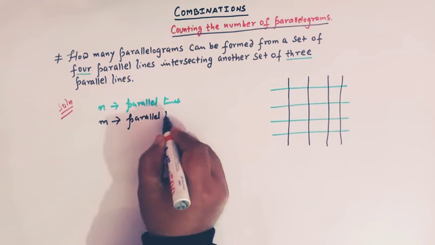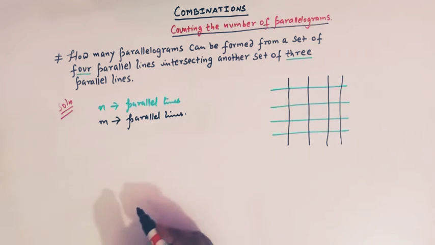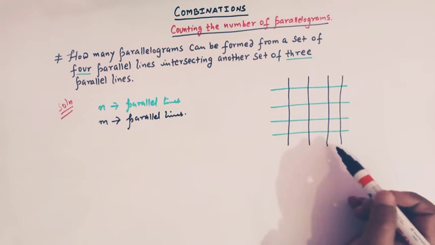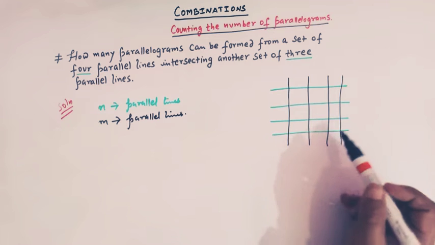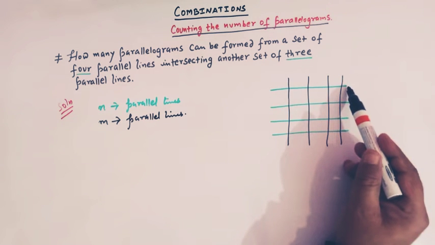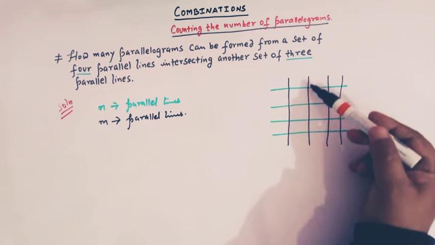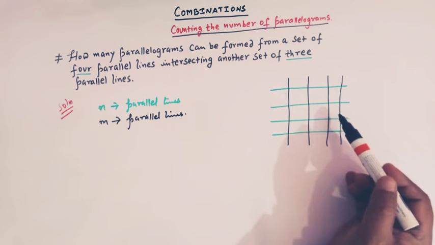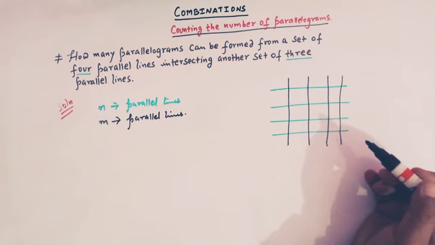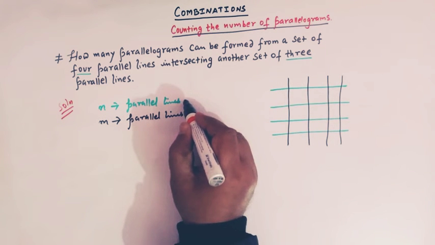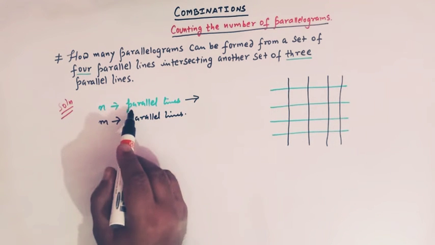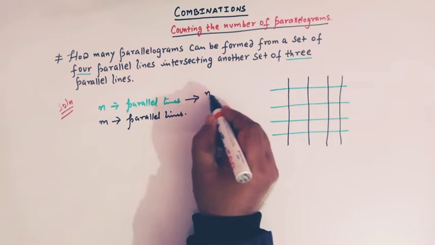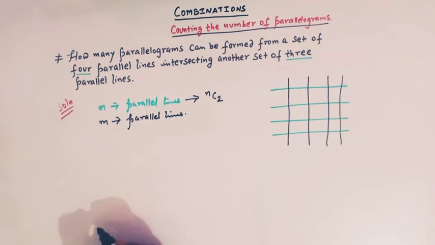And as we have just seen, in order to calculate the total number of parallelograms formed when these n parallel lines are intersected by a set of another m parallel lines, we have to select 2 straight lines out of these n parallel lines, and the number of ways is nC2, right?